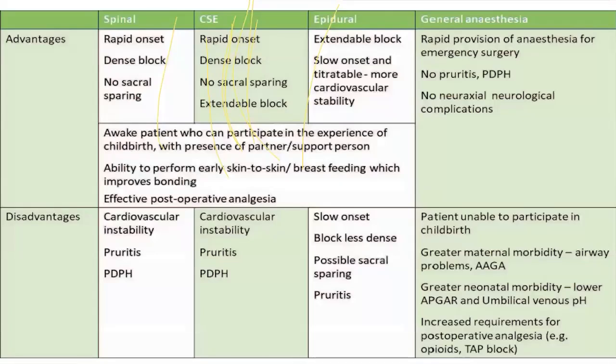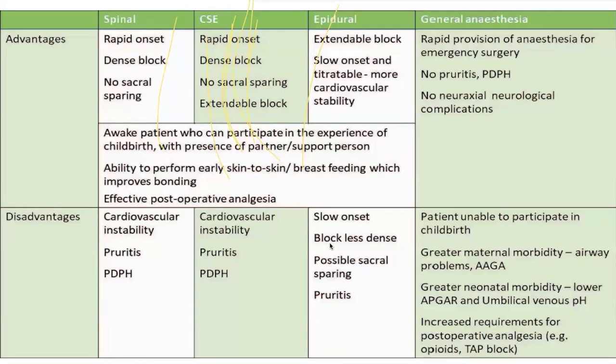So let's compare what we have talked about, the advantages and disadvantages of each type of anesthetic. Subarachnoid block and combined subarachnoid epidural blocks have the advantage of rapid onset, and we get a very dense block, but with no sacral sparing.